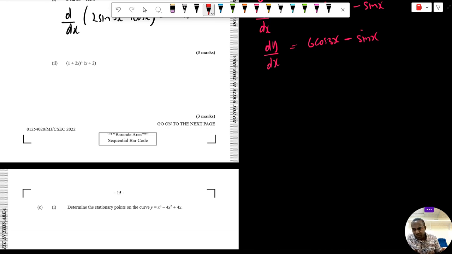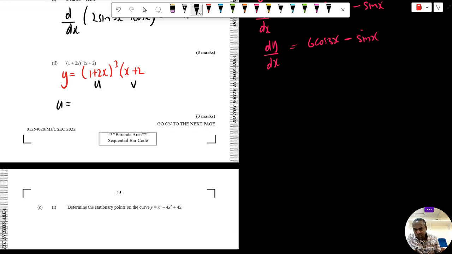So once again, we're going to say, for instance, let this entire thing be y equals 1 plus 2x cubed times x plus 2. And we're going to let the first part be our u and this part be our v.